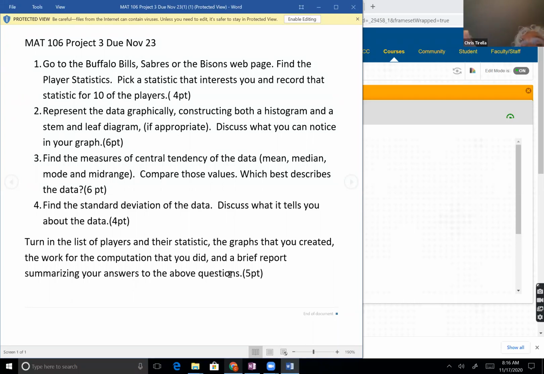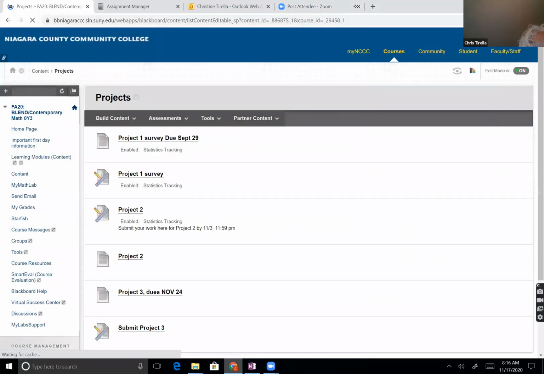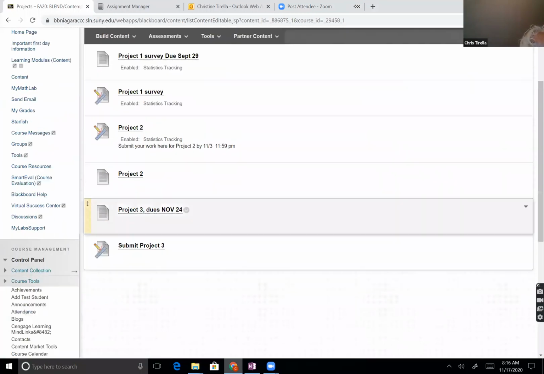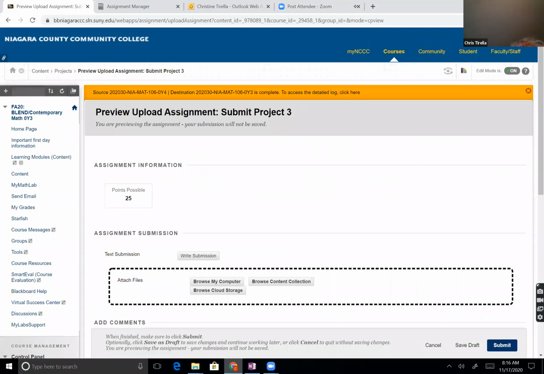When you're done with it, you can type it if you want. If you have it typed, great. If you want to write it by hand, fine. You're going to submit it in this Dropbox here. When you submit it, if it's written by hand and you want to take pictures, great. If it's typed and you want to just upload the documents that you typed, that's fine too.